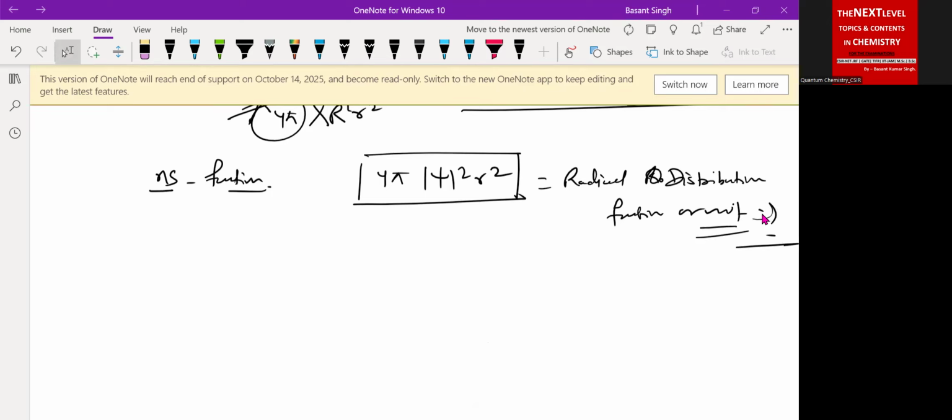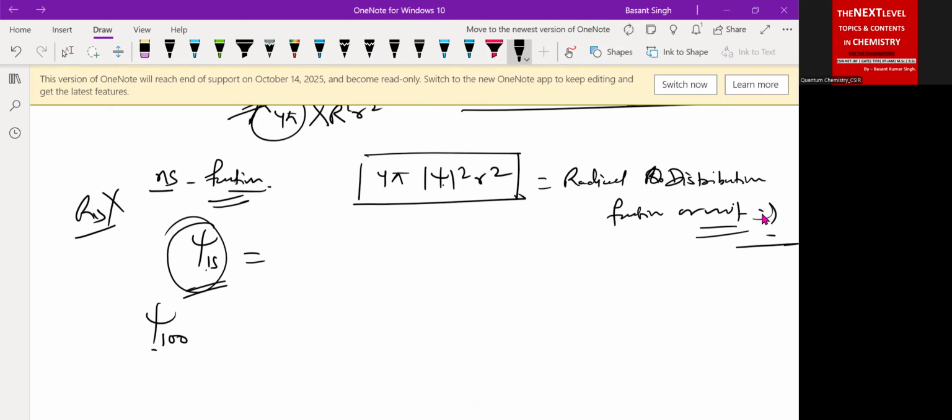I have to check this. So for this I have taken psi 1s. This is psi 1s, not r1s, because psi 1s is psi 1 0 0. Okay, where n is 1, l is 0, and m is also 0. This is r theta phi function.